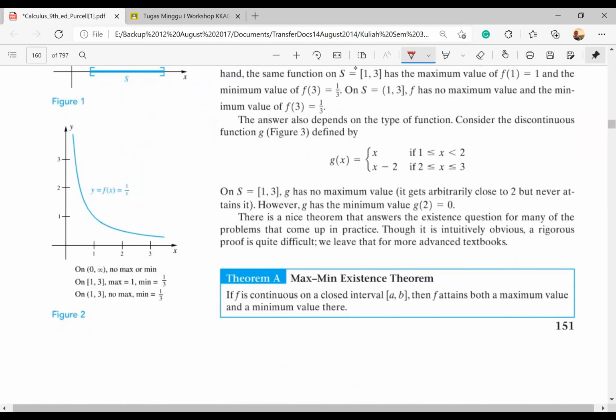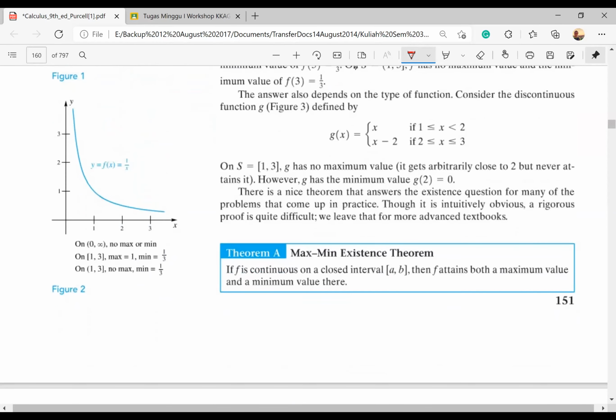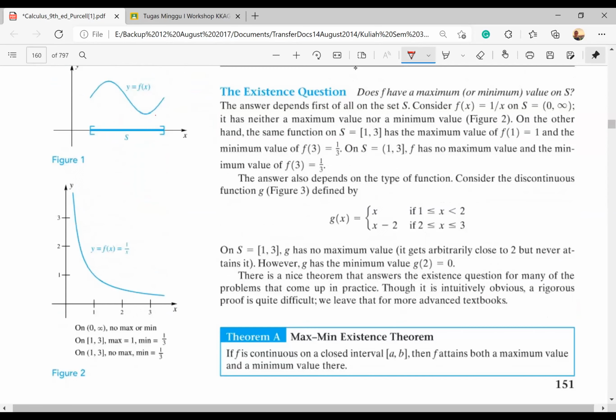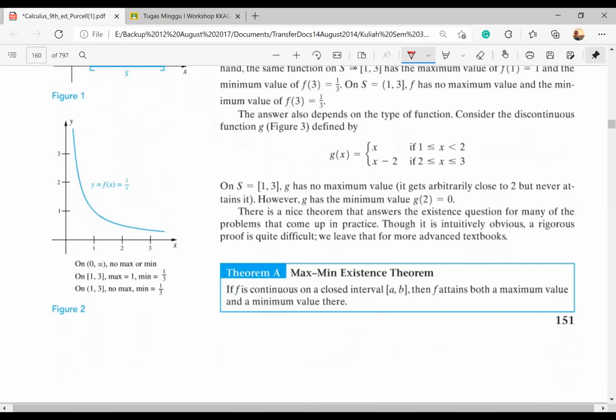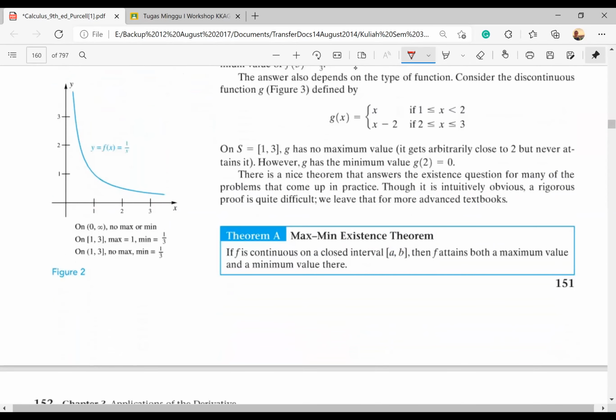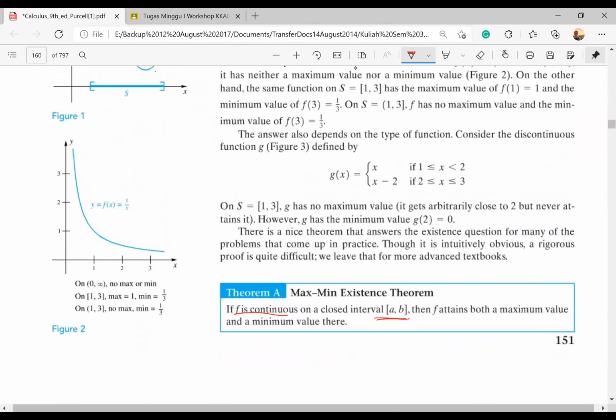So when does the function have a minimum or maximum? To ensure it has a max and min, we need f to be continuous, and on the closed interval. Okay, so this is the case when you don't have a max nor min.